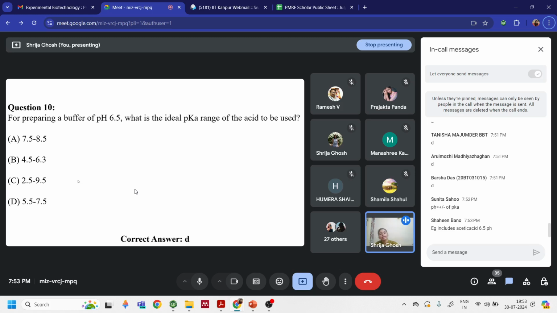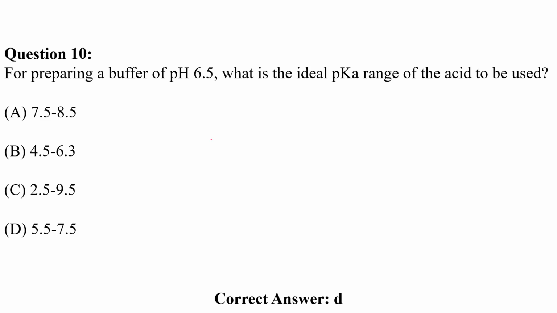So for any buffer system, a buffer system is made by a weak acid and its conjugate salt. Shaheen has written an example, acetic acid. Yes, that is a very good example, so I'll explain with that example only. Acetic acid is CH3COOH.